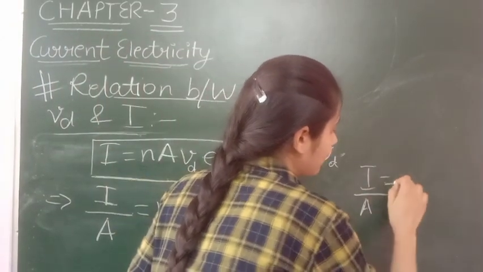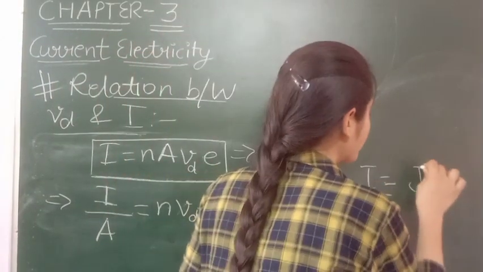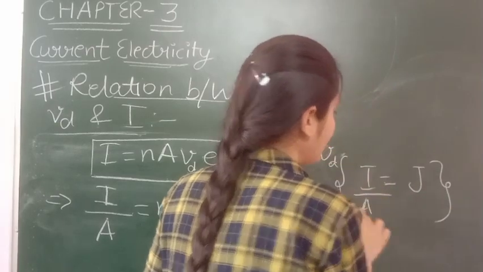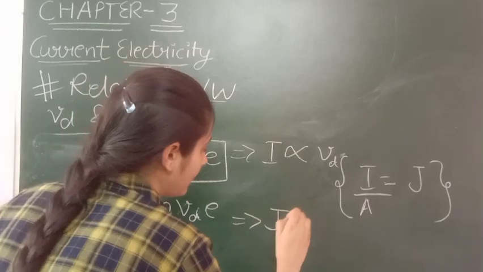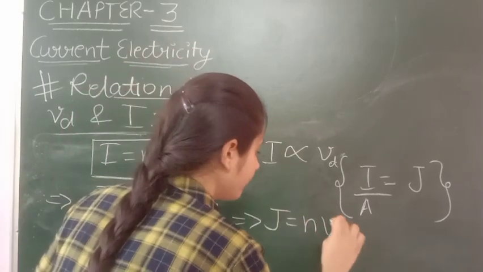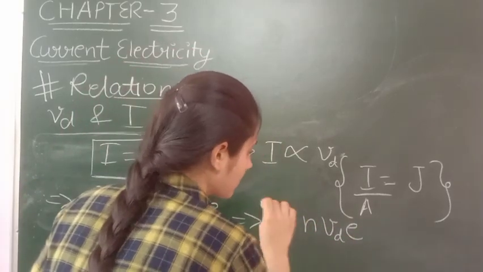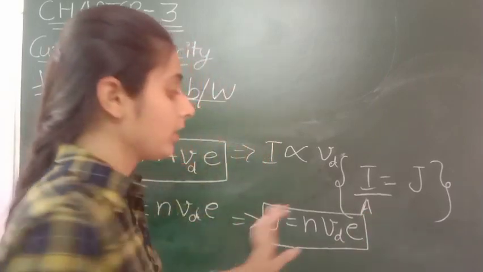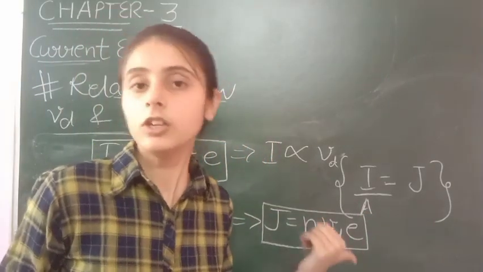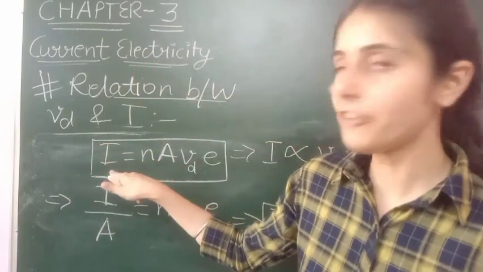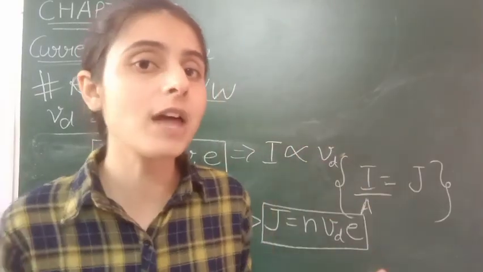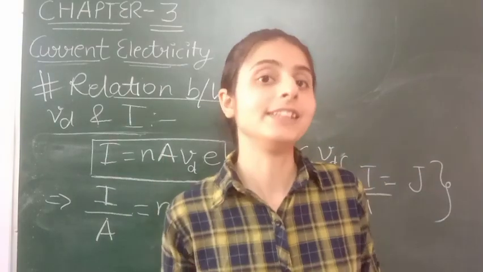I upon A, that is current per unit area, is equal to J, that is current density. So the formula of current density is NVde, that is number density, drift velocity, and e is the charge. This is the formula of current density, and the earlier one is the formula of current. These two formulas are important for numericals as well.